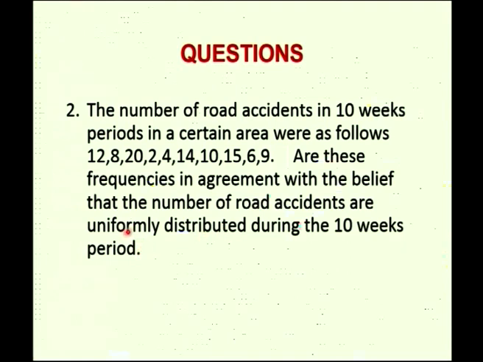So, the uniform distribution is nothing but equal distribution, just sum up these number of accidents and accordingly distribute it for 10 weeks, that is the total sum divided by 10 will give you the equally distributed values for 10 weeks.